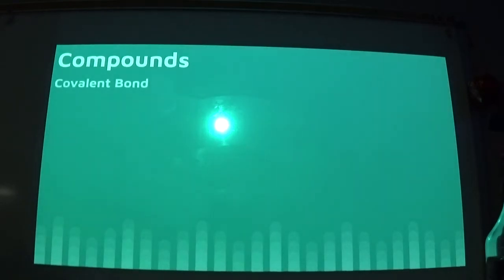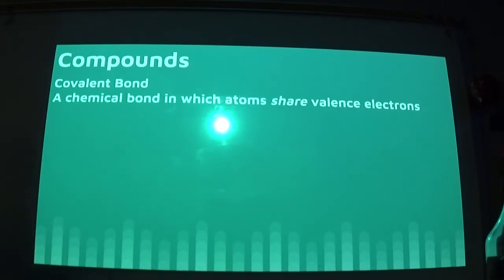Two types of compounds. Okay, the first one, covalent compound or a covalent bond. Okay, this is defined as a bond where atoms are sharing valence electrons. Okay, so what we're going to talk about is that atoms will attract electrons toward themselves, and if you have two atoms that have a similar level of attraction, they will then just share the valence electrons between them.